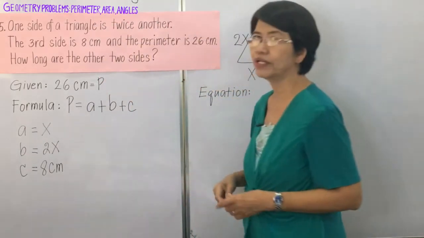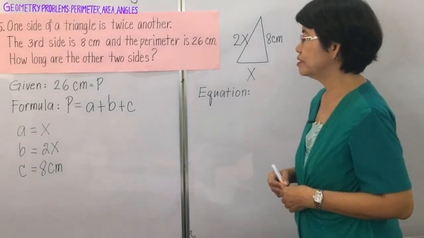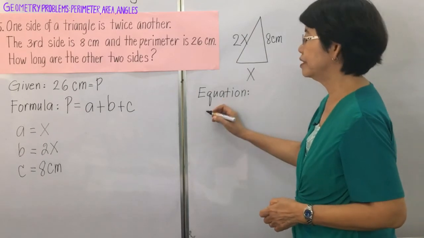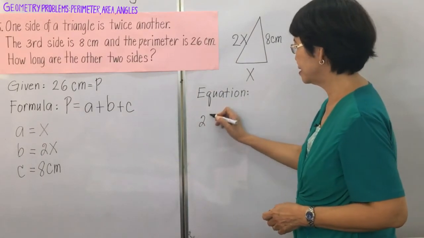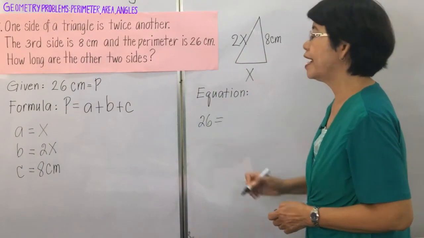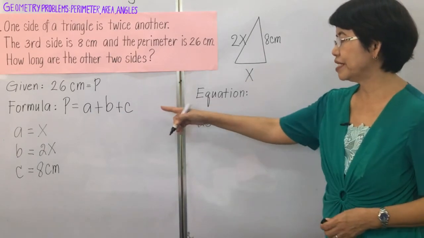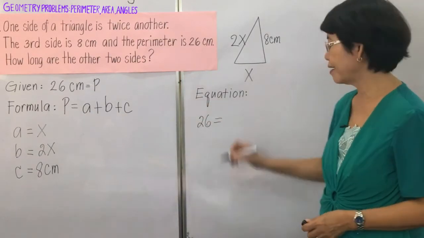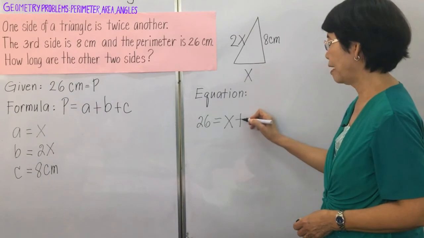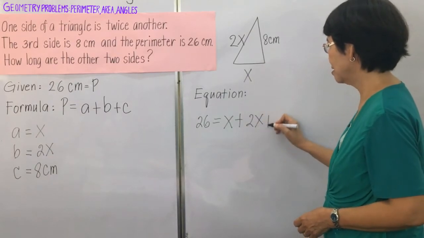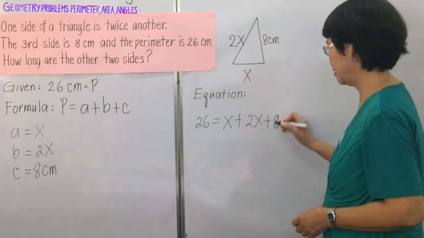And using the formula for the perimeter, we substitute the given value 26 for P, and the values of A, B, and C will be substituted by x plus 2x plus 8.